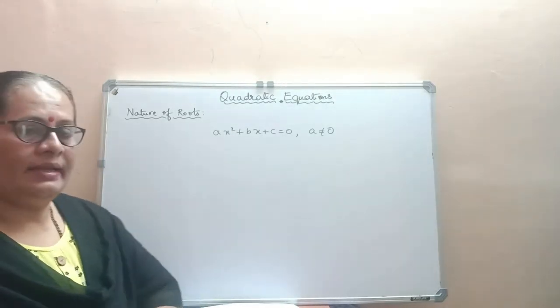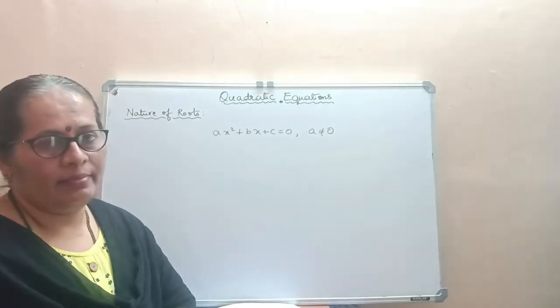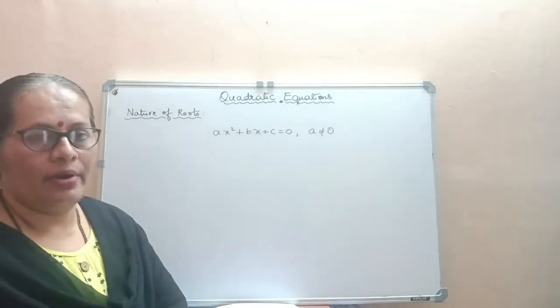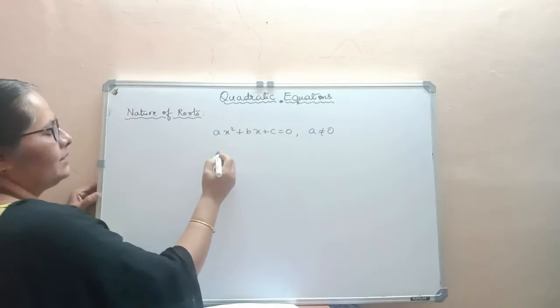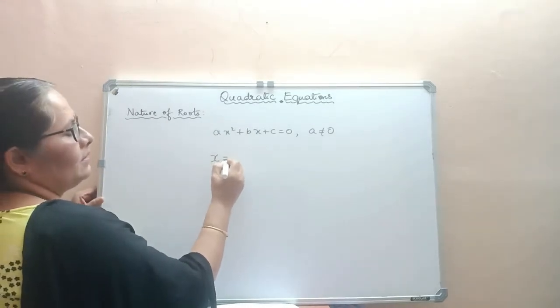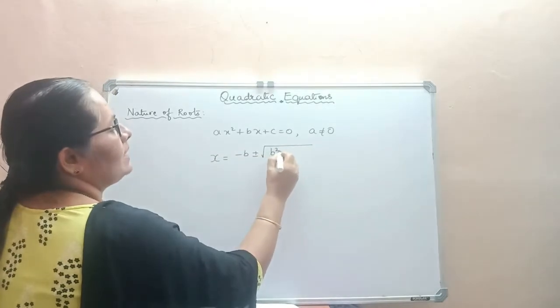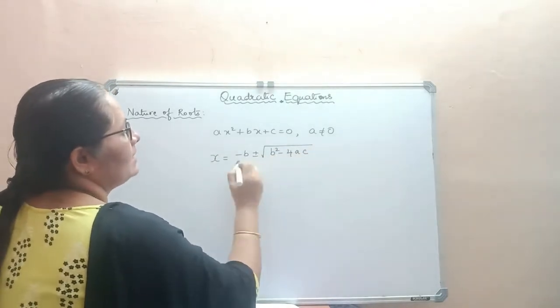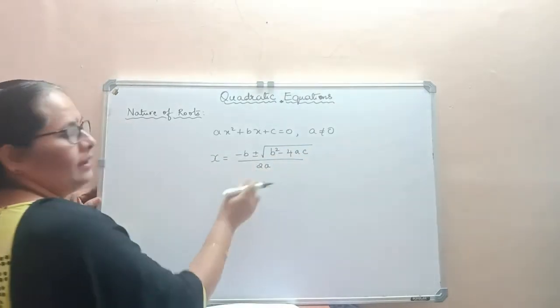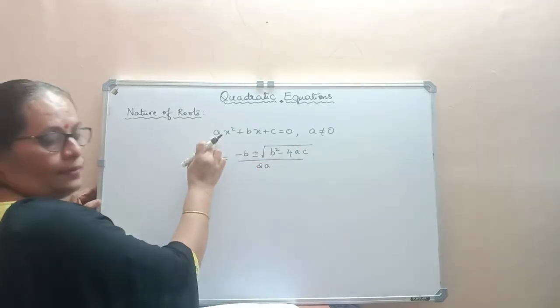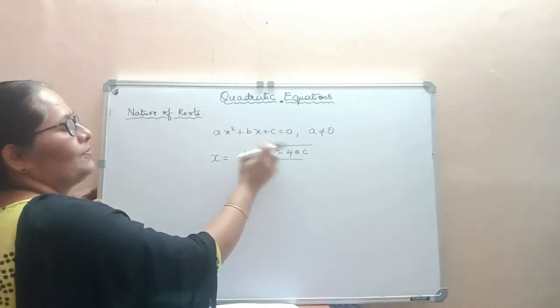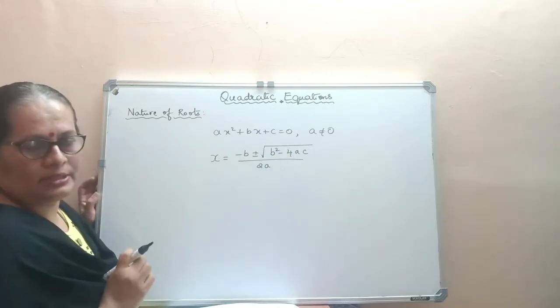And one more method we learned, that is the completing the square method, and then we learned the quadratic formula. What is that quadratic formula? x equals minus b plus or minus root of b square minus 4ac by 2a. Again, here a is the coefficient of x square, b is the coefficient of x and c is the constant term.